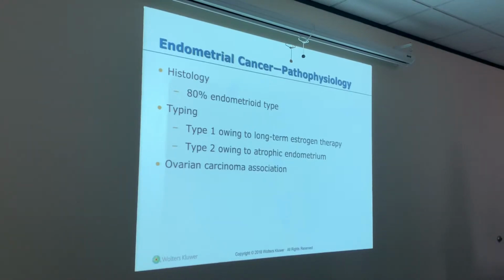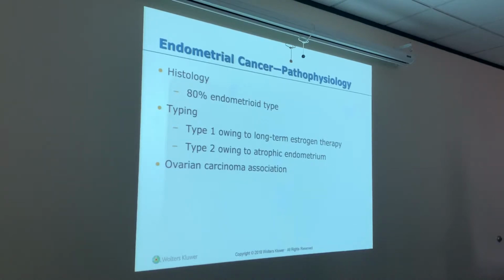We can suspect endometrial cancer, but they can't diagnose it until they send that tissue to the lab. That's what is meant by histology. They send it to the lab and they are able to make the diagnosis there. You've got two types, type 1 and type 2. Type 1 is long-term estrogen therapy.